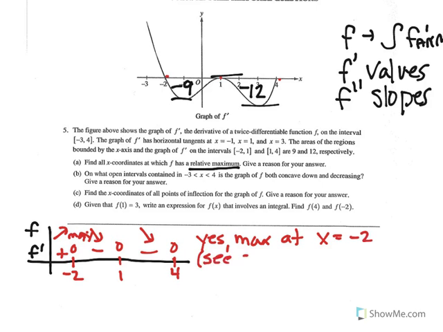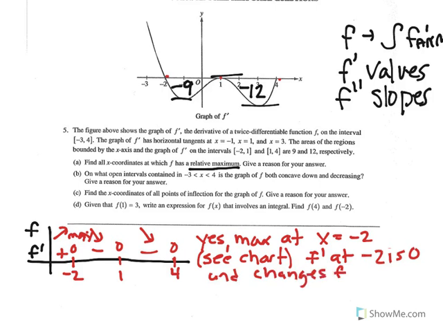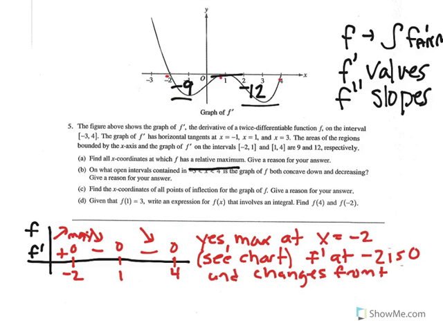The reasoning you can put down is f prime at -2 is 0 and changes from positive to negative. And that's enough of a verification for what's going on there.